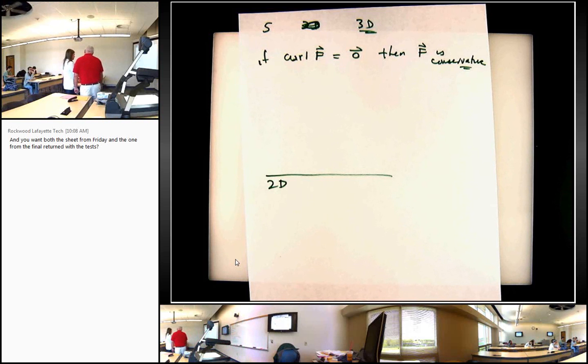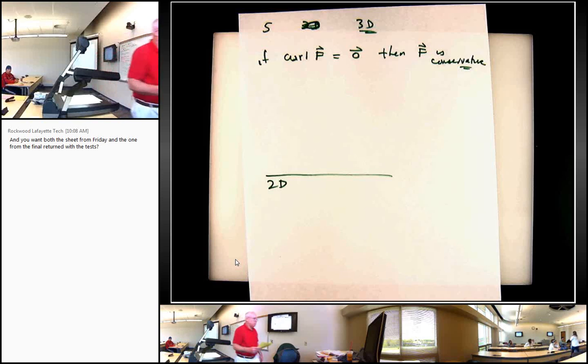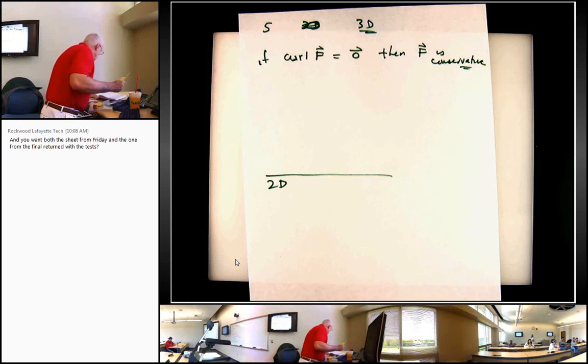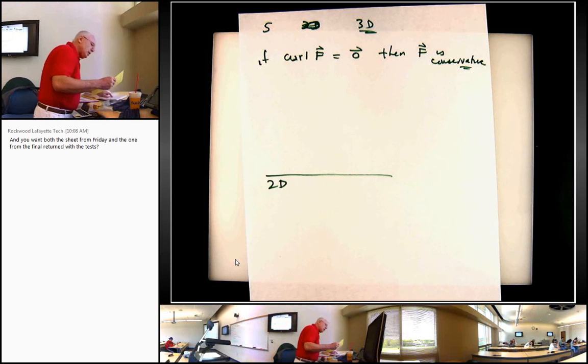Let me check here in the book, that's section 16.5. Okay, PQR.